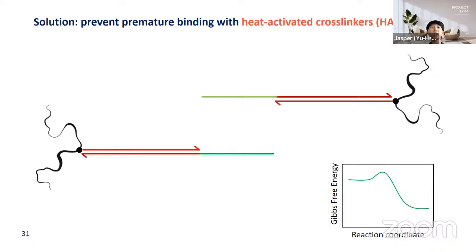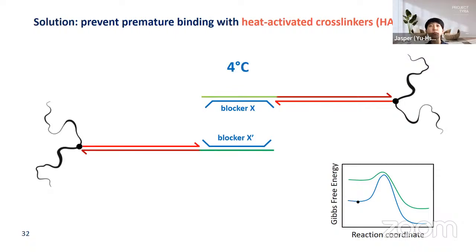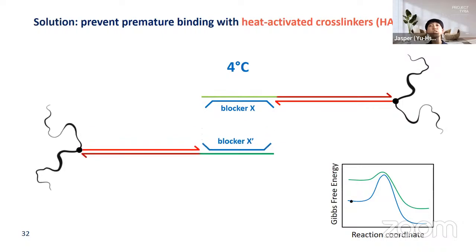So we developed a so-called heat-activating crosslinker. By adding a blocking strand, X, at this overlap domain, at low temperature, they're metastable. They won't fall. So at 4 degrees, when you try to mix 2 solutions, they won't start crosslinking. They won't form a gel.